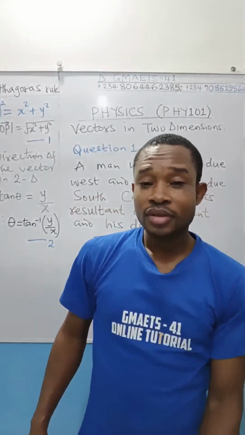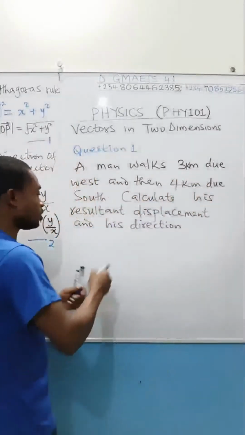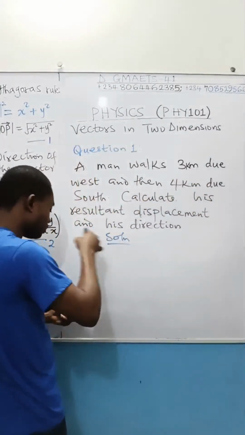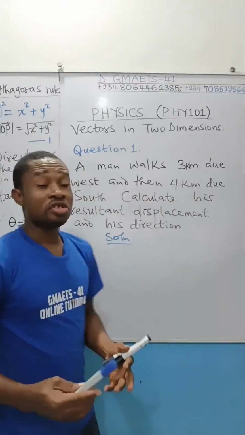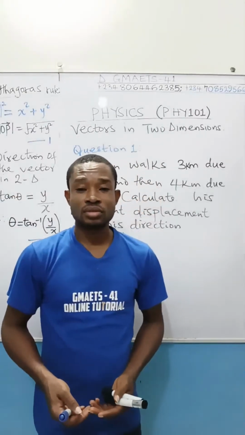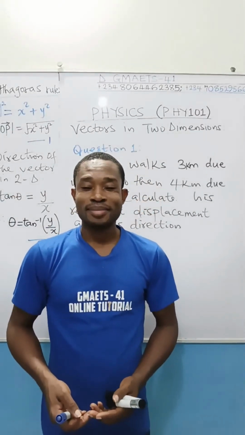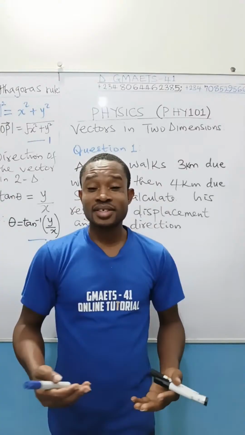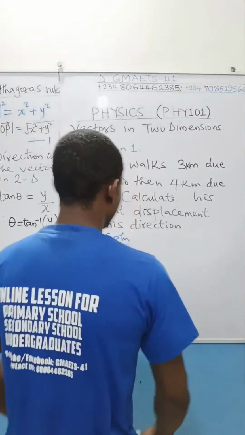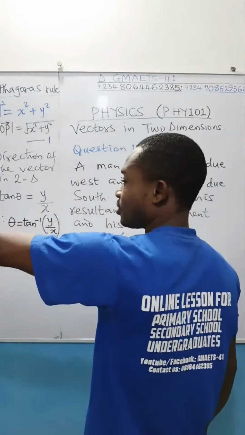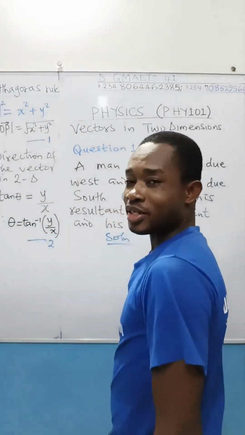All right. Let us see how we solve this problem. It's a simple one. If I said you should describe the man's motion, the man walked west and then south. The way you are facing me, let me turn this way. This is my west, and down is my south.